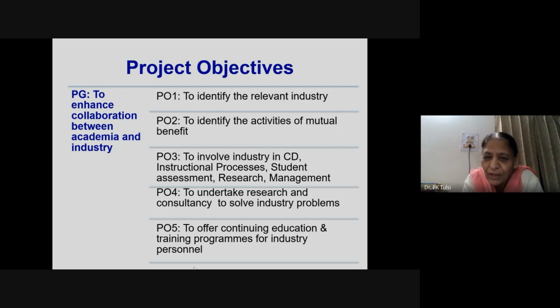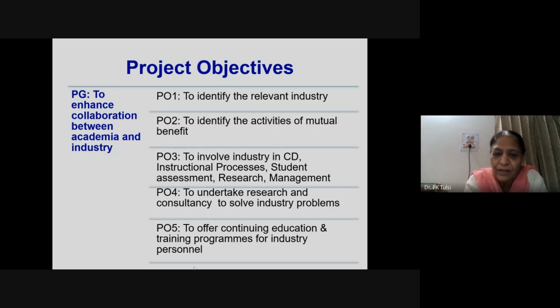Then identify the activities of mutual benefit, where the industry will have interest and where the institution will have interest. The institution is interested in involving the industry in its various aspects, maybe design and development of the curriculum, involvement in instructional processes, student assessment, research, management.